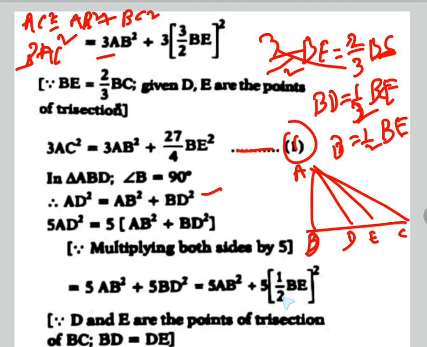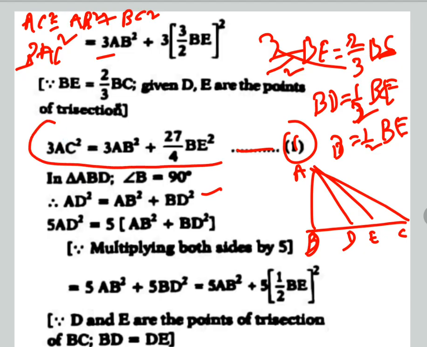Now substitute this value, 1 by 2 BE whole square. Then 5 AB square plus 5 into 1 by 2 BE square, that is 5 by 4 BE square.